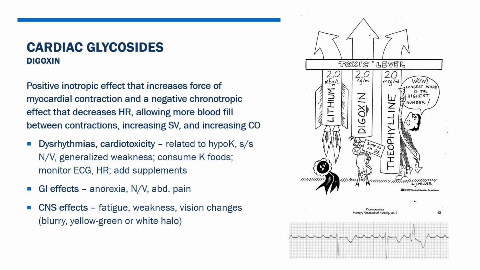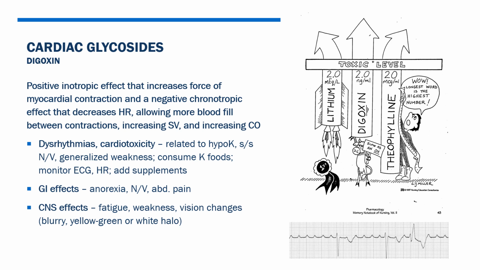And then your picture down here on the bottom is an example of your dysrhythmias. Related to hypokalemia as a result, and then they get nausea and vomiting, generalized weakness. We want to ask them to consume foods that are high in potassium.